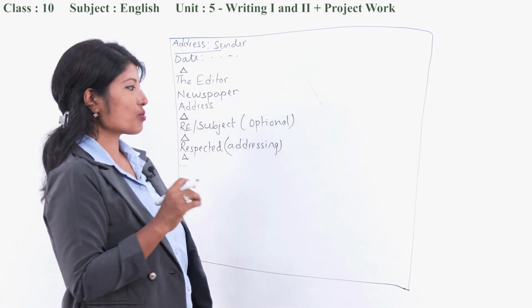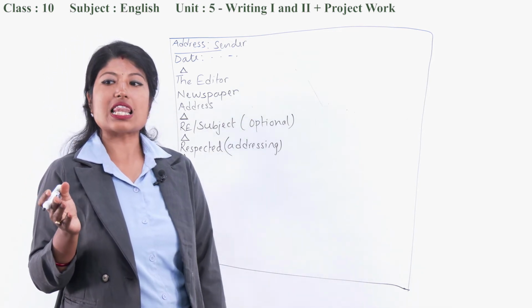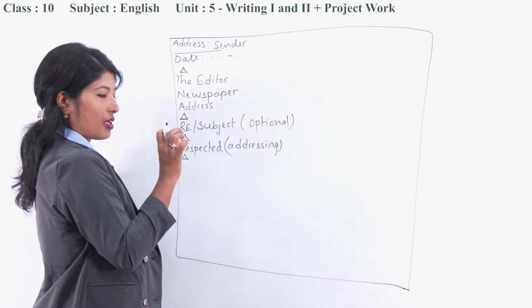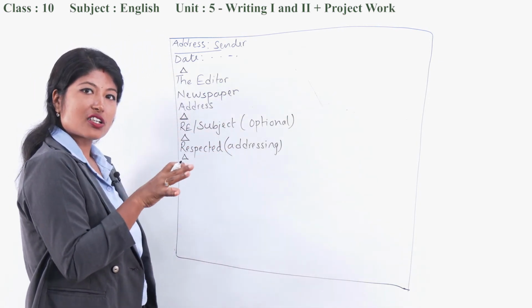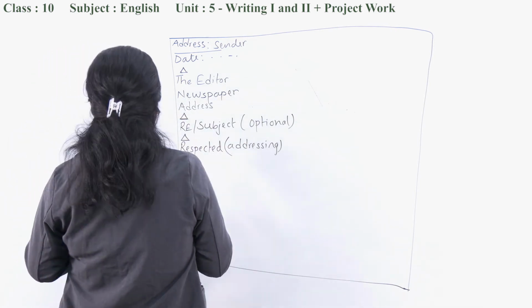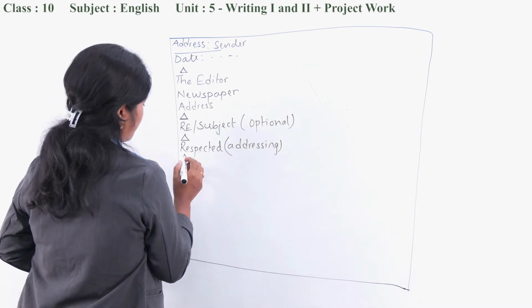First line of the body. So what are you going to do in the first line of the body? The first line of the body is you are requesting the editor to draw the attention of the authoritative people. So here in the first line, what can you write?